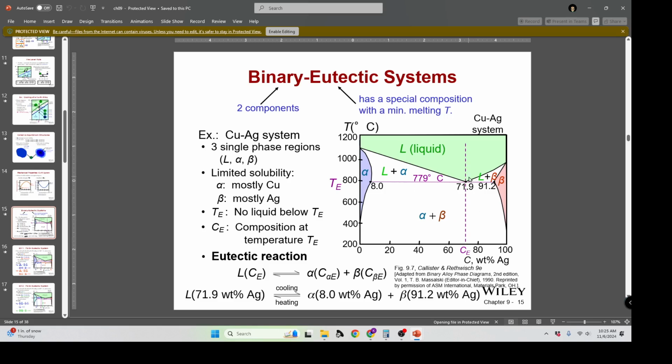Another example of a binary system, but where you can have multiple different phases, so 3 different phases. So one that has a eutectic point. This is called a eutectic system, because it will have a lowest temperature composition where it will be a liquid, and above that is also a higher melting temperature.